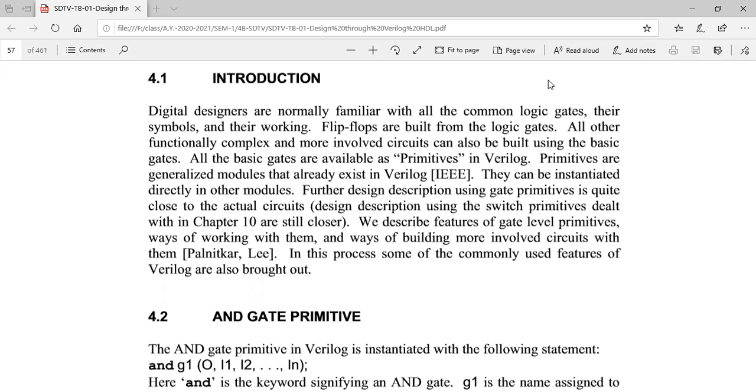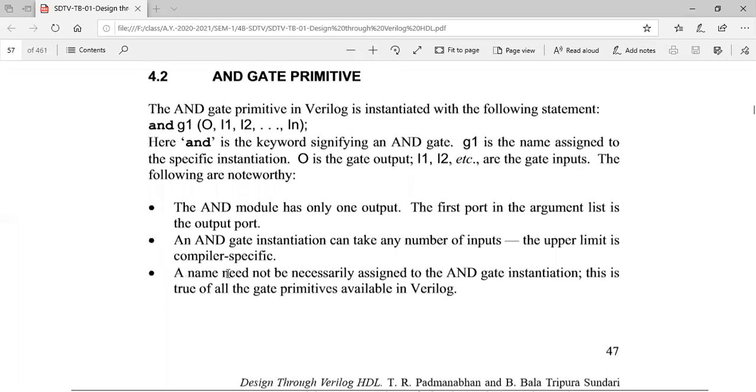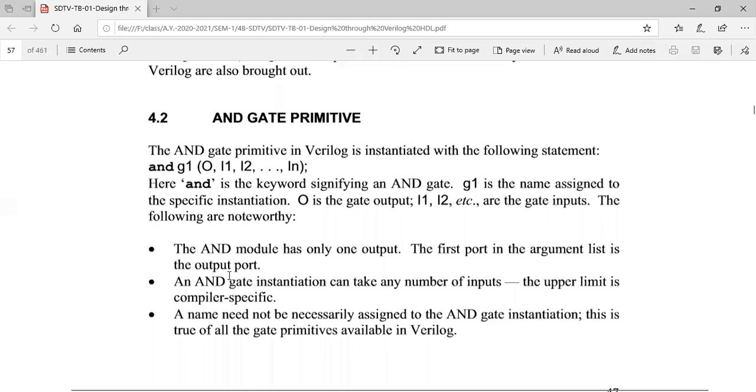So first we'll be discussing the AND gate primitive. All the gates we study in basics are nothing but that particular gate primitive.